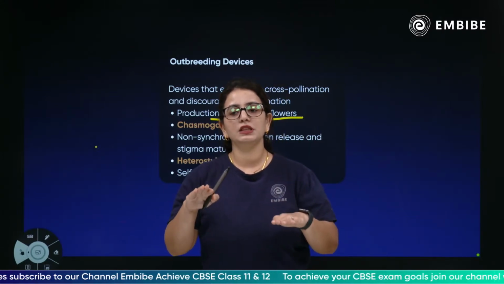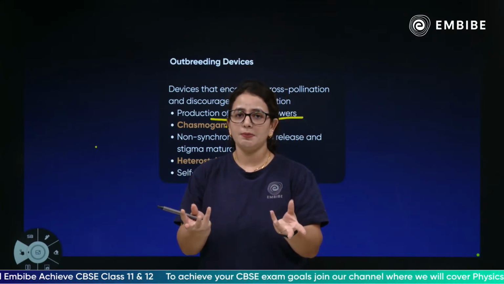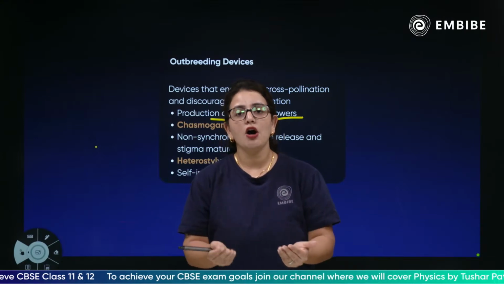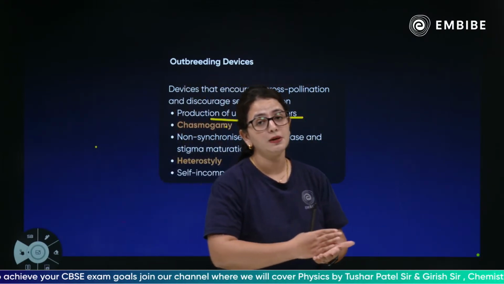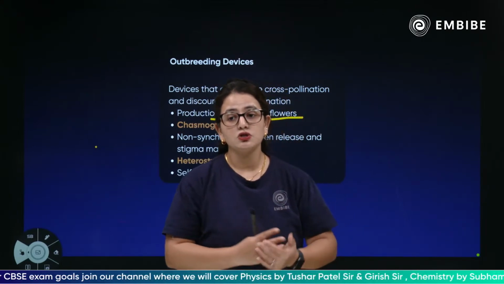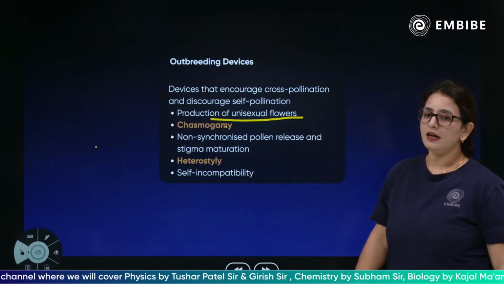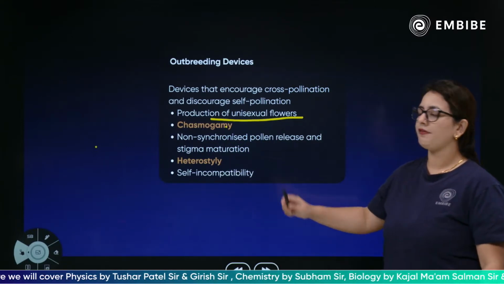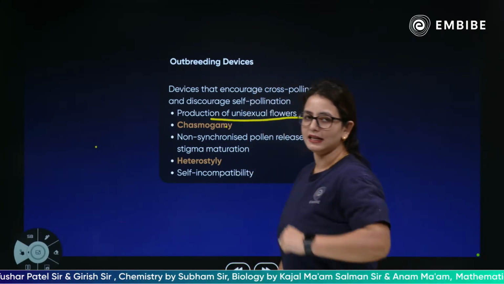The stigma might become receptive to the pollen grains earlier, or maybe the anther matures first and the stigma is not receptive to the anther. So the non-synchronized method is also helpful. Next we can have heterostyly and self-incompatibility. Let's discuss all of these things in detail.